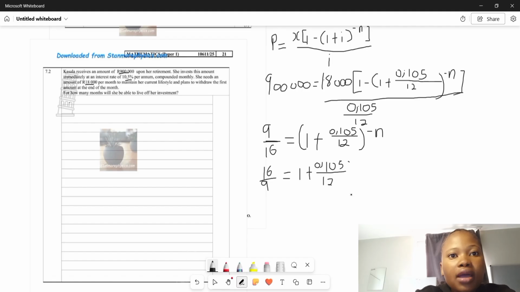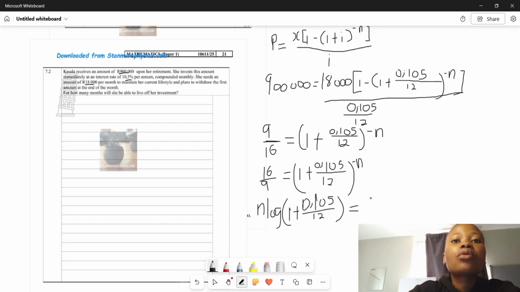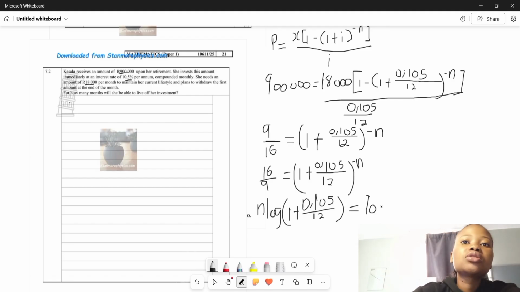So n is going to be log of 16 over 9, divided by log of 1 plus 0.105 divided by 12.